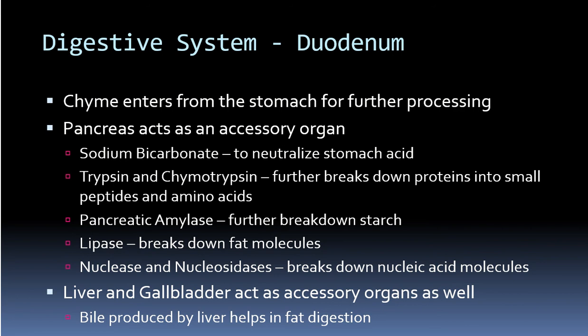The liver and the gallbladder are very important in aiding fat digestion. The liver will produce a substance called bile and then release it into the duodenum. Now, bile acts as an emulsifier.